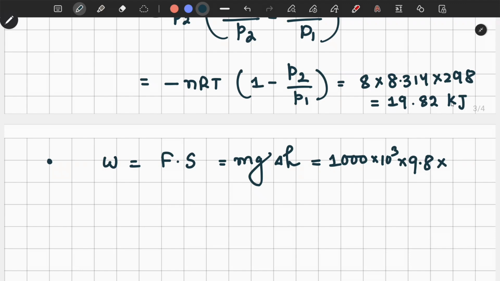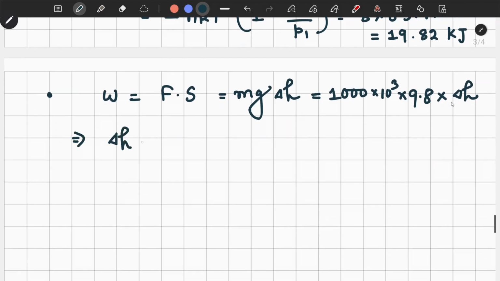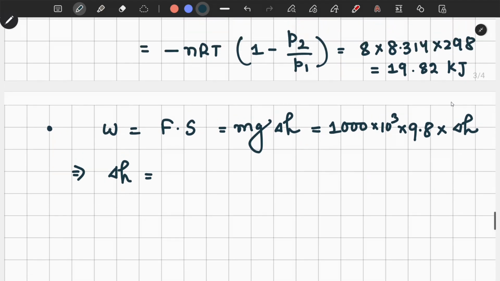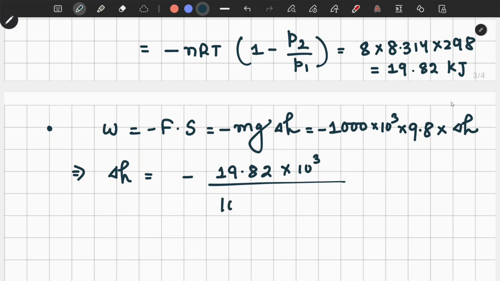And what is the del h that they have asked? Del h will be negative, because it will decrease, so that means the minus sign will be there. That's why the minus sign is appearing. You have to consider that the height is decreasing, so delta h is negative eventually. So delta h is minus 19.82 kilojoule divided by 10 to the power 5, no, 336 into 9.8.